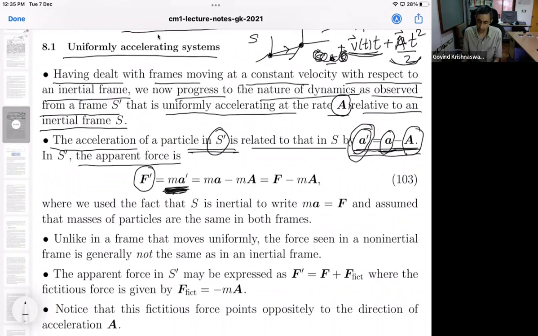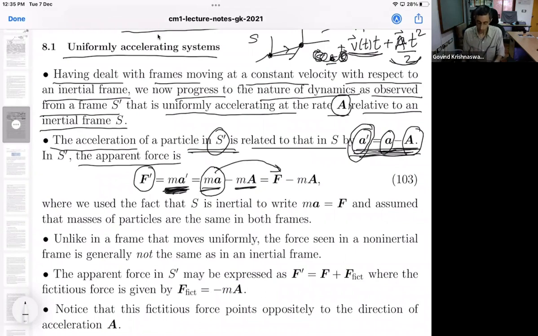Now, since a prime is equal to a minus capital A, I can rewrite this as m small a minus m capital A. Since Newton's law holds in the original frame S, which is inertial, we can replace m small a by whatever forces were acting.